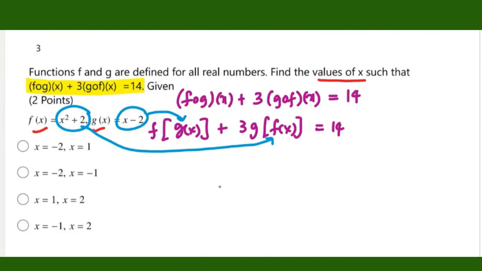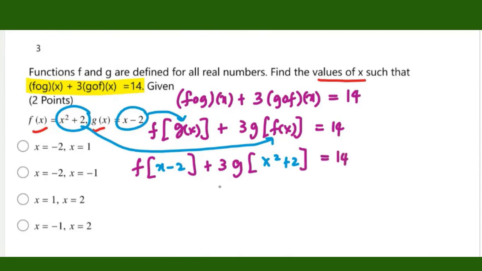Okay, and by rewriting that, we shall end up having x minus 2 plus 3 of g of f.